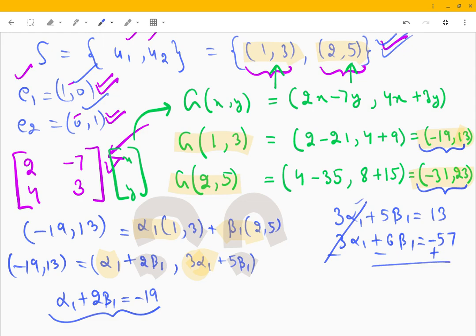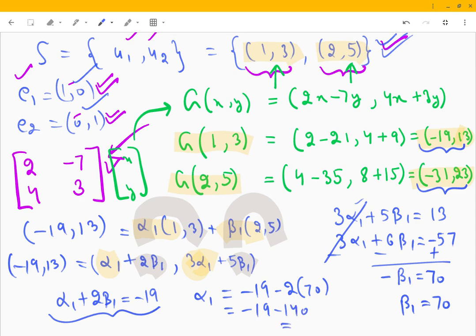This cancels out. I'm left with negative beta 1 equals, is it right? I hope. Yeah, it is 70. So my beta 1 is 70, and alpha 1 I can calculate from here, negative 19 minus twice beta 1, which is 70. So this is negative 19 minus 140.